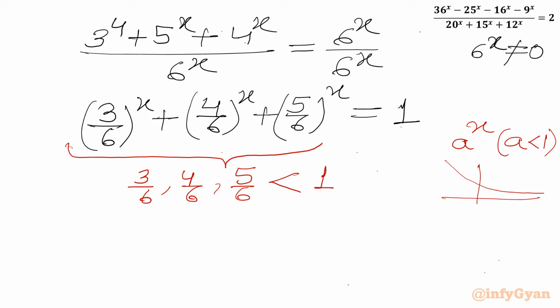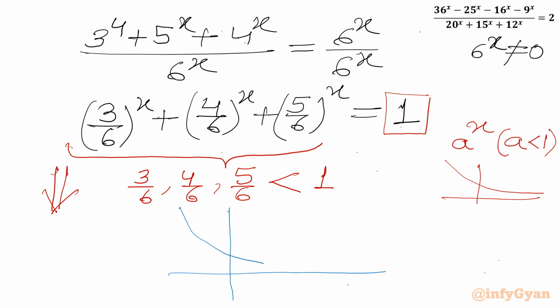So function will be a monotonic decreasing function. Right hand side we have 1, which is a constant function. So I will show one decreasing function and y equal to 1 line. So there will be only single point intersection. So we have to find out this intersection.